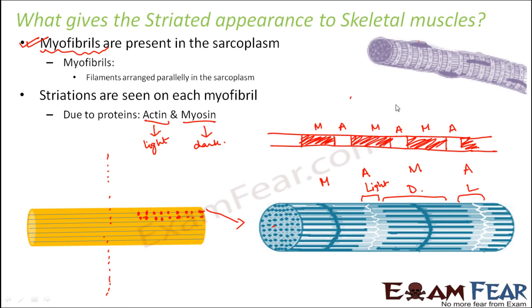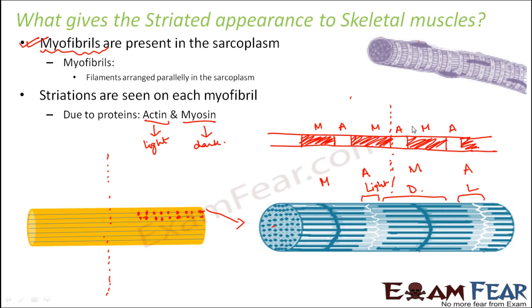So actin and myosin are organized parallel to the longitudinal axis of the muscle fiber, alternately one after another. So this is myosin, parallel to this is actin, again parallel to this is myosin, again actin, and they are also arranged parallel to the longitudinal axis of the muscle fiber.